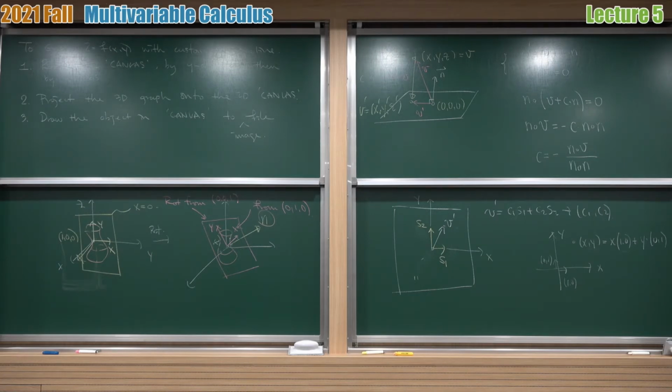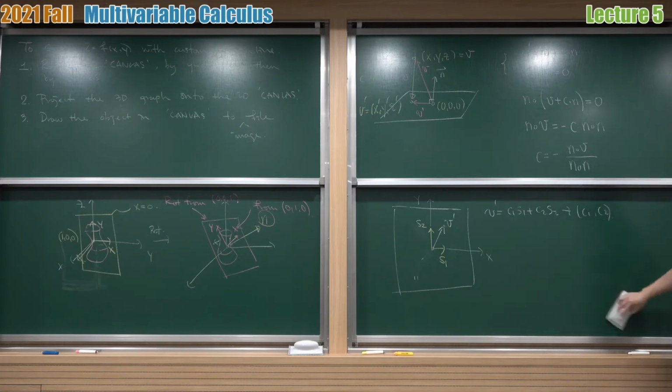And then how are we going to find C1 and C2? Do you have any idea? Do we know the angle between v prime and S1? We can, by using some property of vectors. How would you find the angle between two vectors? We need two equations to find C1 and C2. So one way is, if you know the angle, then you can find C1 or C2 somehow.